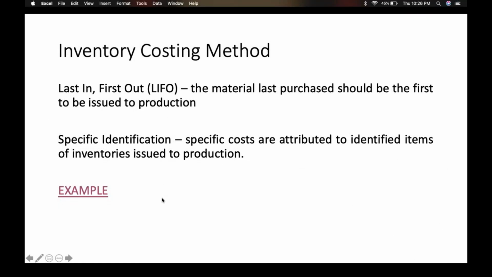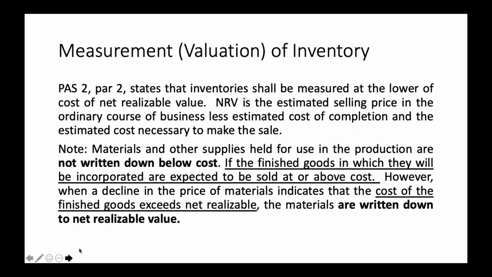Okay, let me go back to this. Valuation of inventory under PAS 2, paragraph 2, states that inventory shall be measured at lower of cost or net realizable value. NRV is the estimated selling price in the ordinary course of business less the estimated cost of completion and the estimated cost necessary to make the sale.